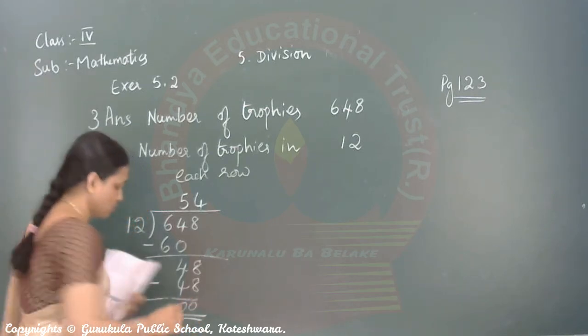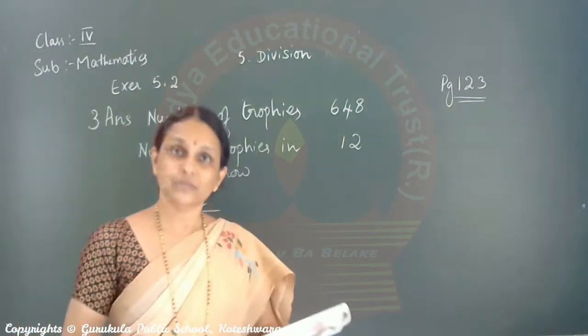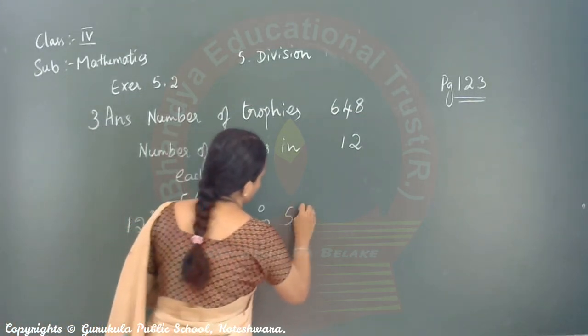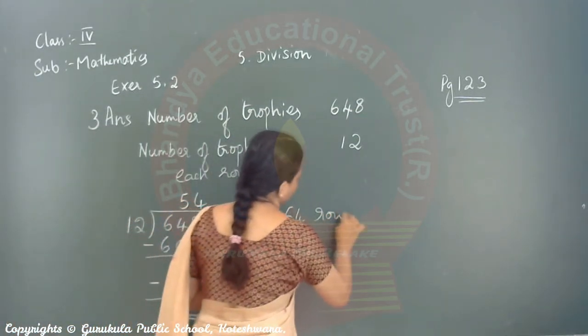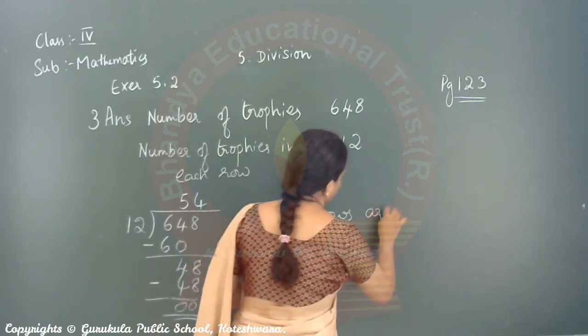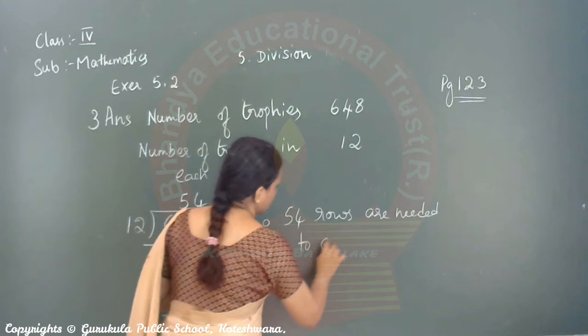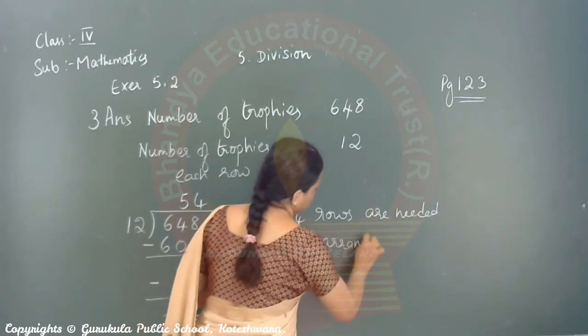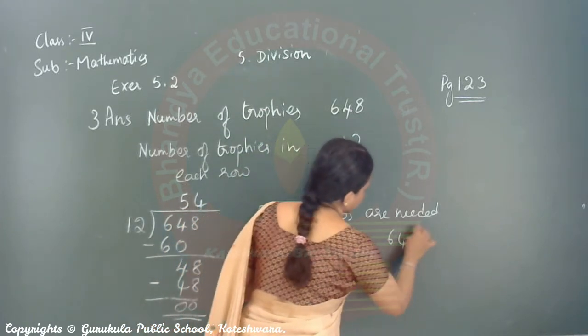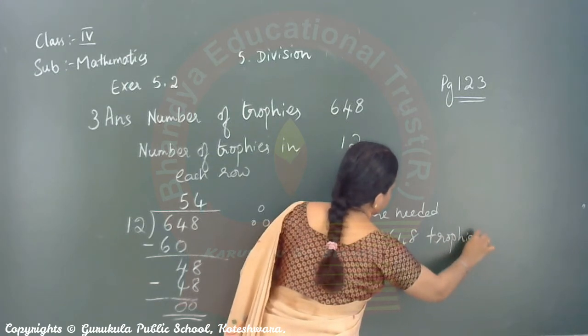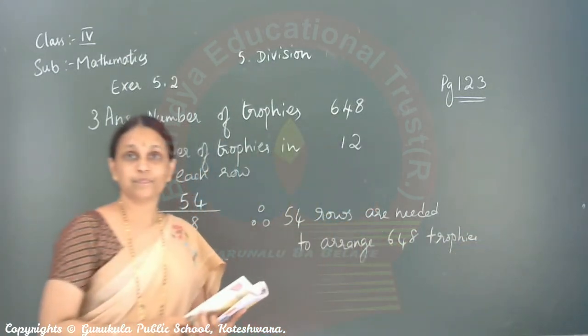So, how many rows are required? Yes, 54. Therefore, 54 rows are needed to arrange 648 trophies. Is it clear, children?